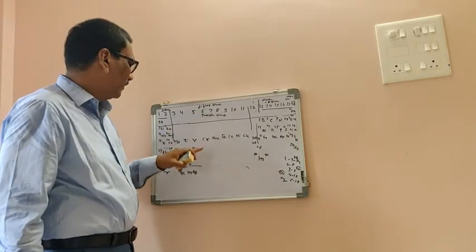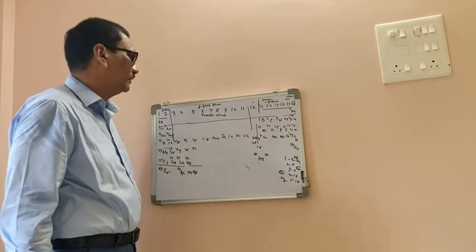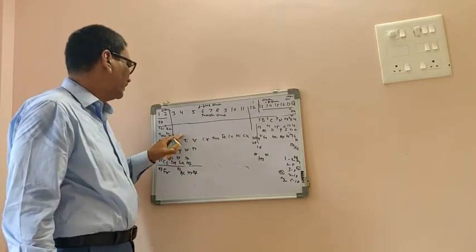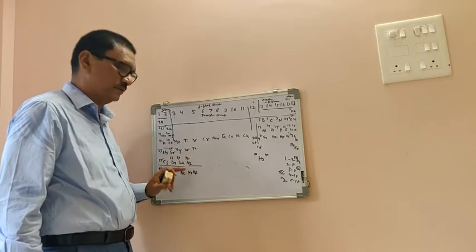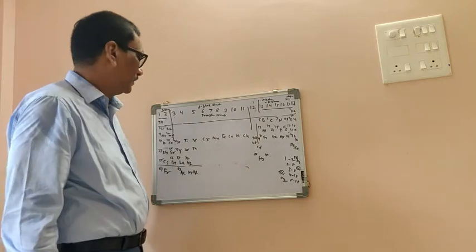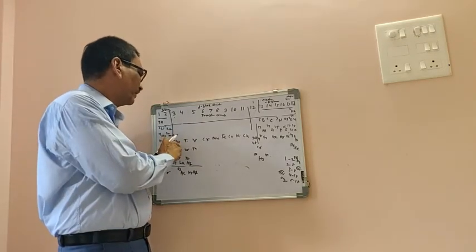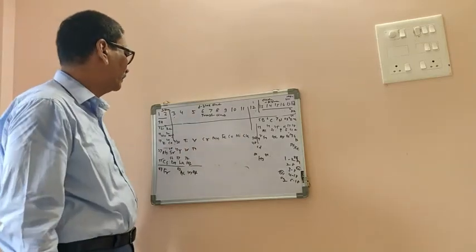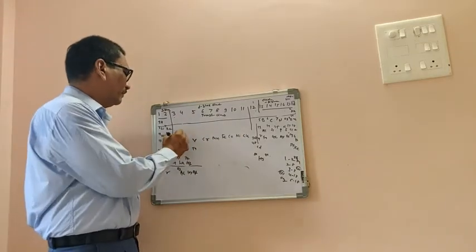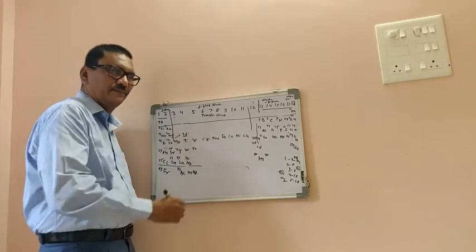Now there are 4 different series of transition elements: the first transition series, second transition series, third transition series, and the fourth transition series. The first transition series starts from scandium to zinc, from number 21 to 30, and that is based upon the filling of the 3D orbitals.